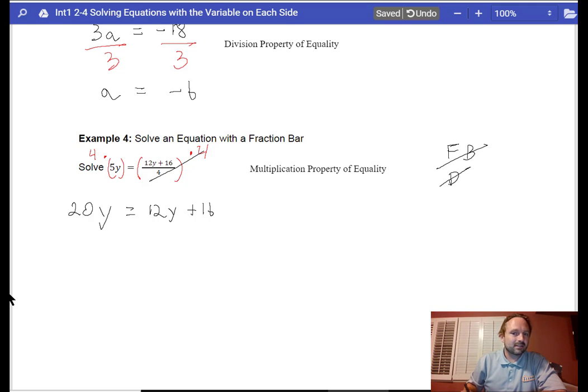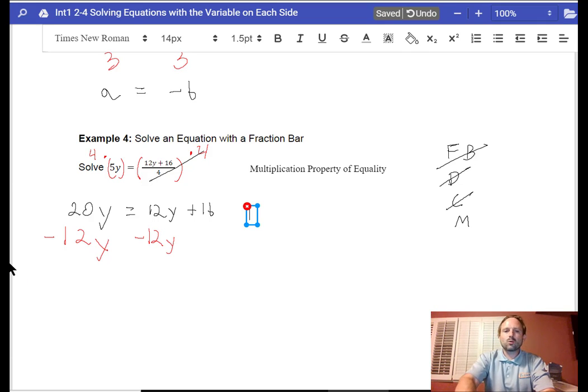There's no parentheses. Combine like terms, there's nothing to combine. Move the smallest variable. All right, well, move that 12y to the other side. So the opposite of plus positive 12y would be subtract by 12y on both sides.